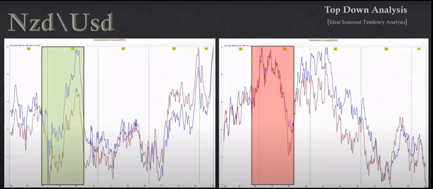So the best scenario would be when you are in a bullish condition and you are seeing underlying bullishness for the New Zealand dollar. Should this seasonal tendency have an effect on price that time of year, between March and April we should be seeing a seasonal low, and for a couple of months you see a rally up into around May.